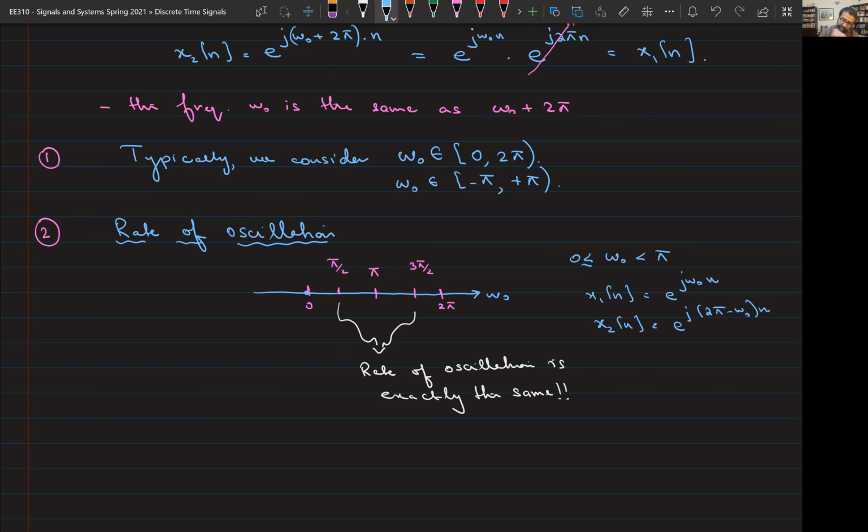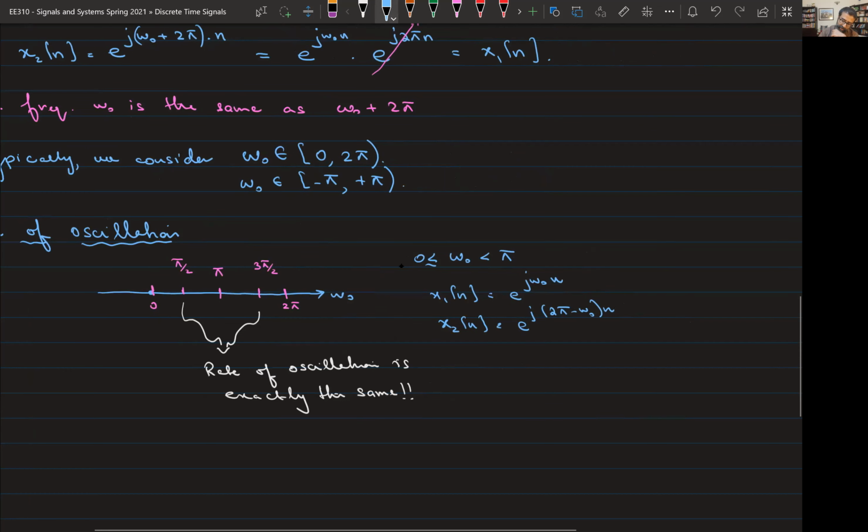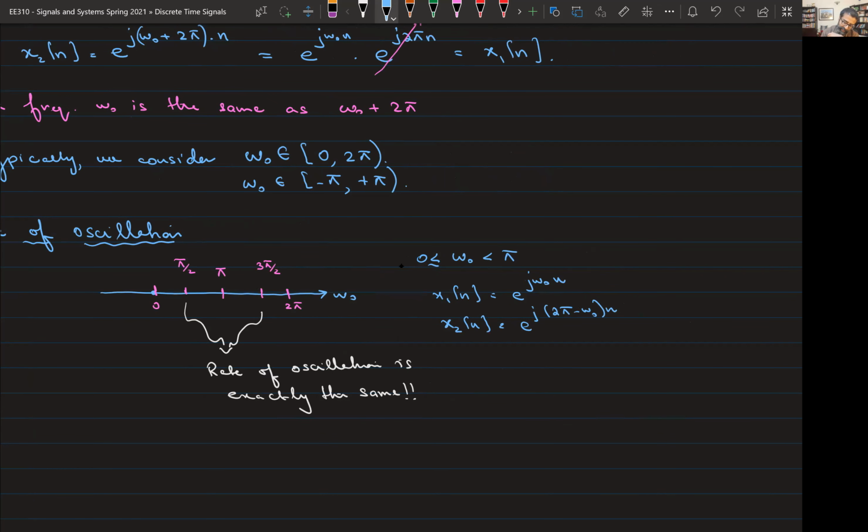In other words, once again you look at this axis, take any omega naught here, and from the other side take 2 pi minus omega naught. So you're equidistant from 0 and 2 pi, right?